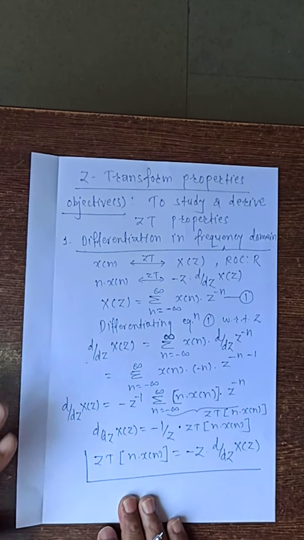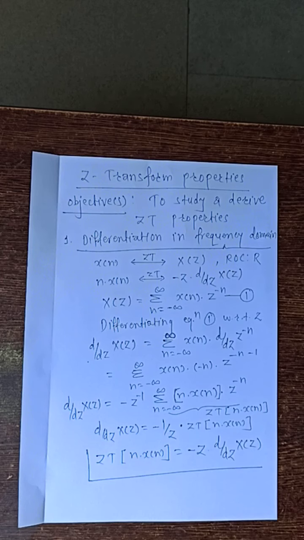So this is the property of differentiation in frequency domain, or in other way, multiplication in time is nothing but the differentiation of Z transform in the frequency domain. So this is the first property.